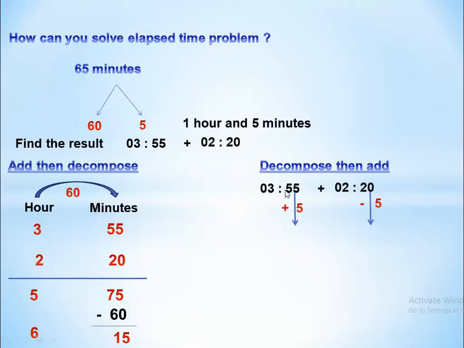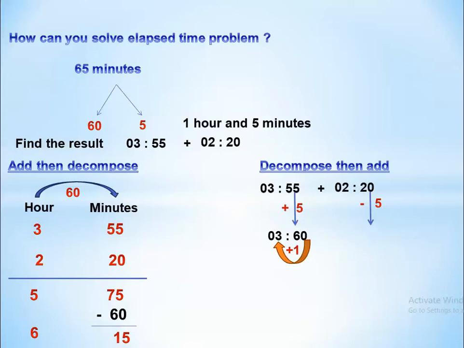Okay, the 5 that I put here, we are going to subtract it from the other side, from the other minutes. Okay, 55 plus 5, we are going to subtract it from the other minutes, to keep it balanced. So it will be 3 and 60, and this 60 is not acceptable.